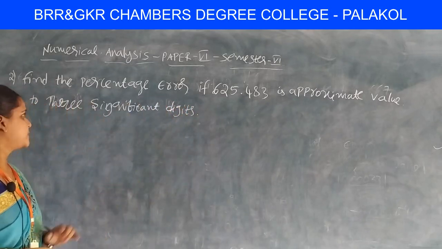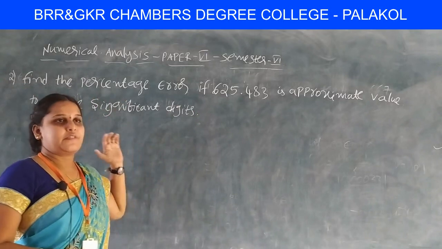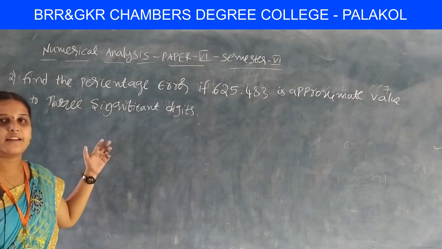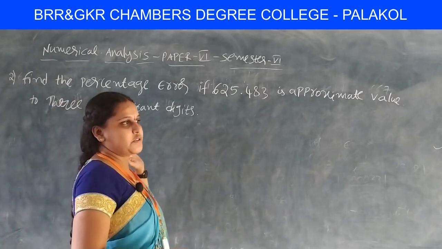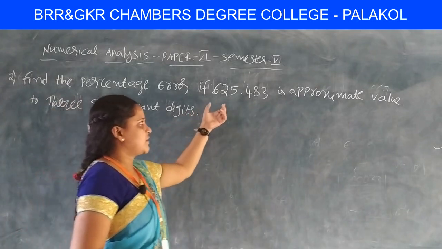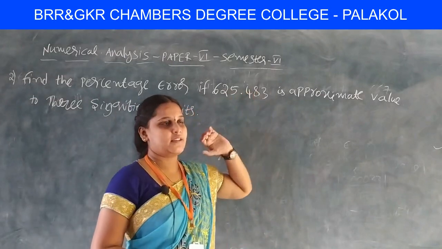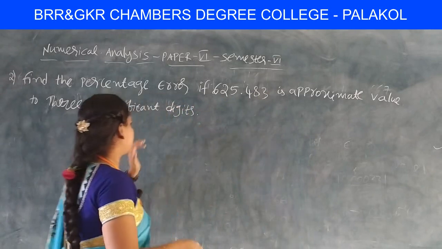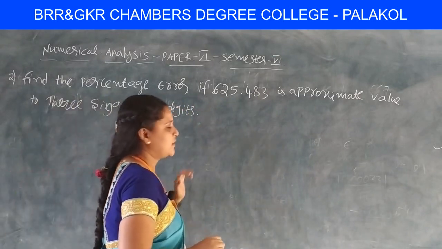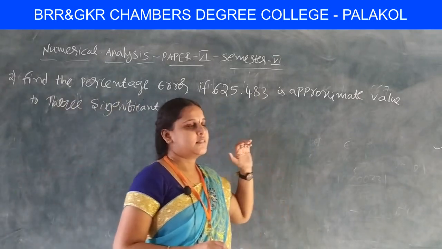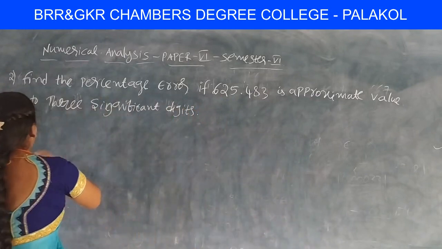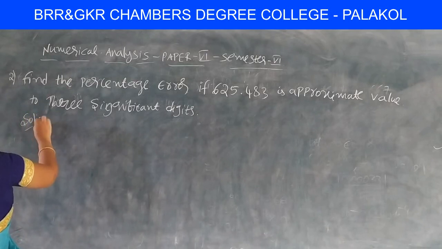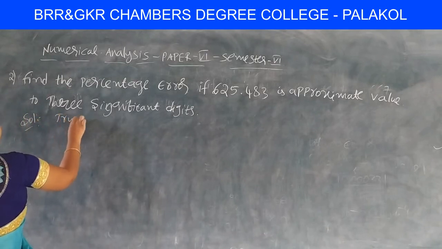This is also a problem. So find the percentage error. First find the absolute error and relative error, and the last one is the percentage error. 625.483 is the true value and the approximate value consists of 3 significant digits.